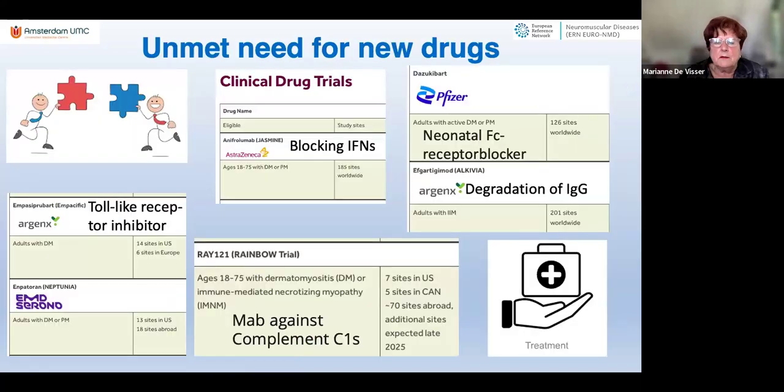It is clear, as I mentioned before, that there is still an unmet medical need for new drugs. And fortunately, there are quite some clinical trials which are running currently with different mechanisms of action, as you can see on this slide. I'm not going to elaborate on that.